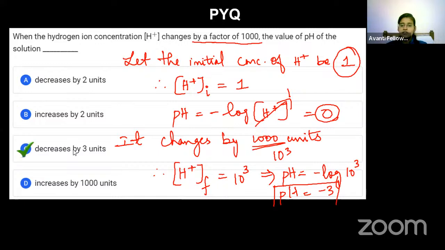It is changing from 0 to minus 3. So the value of pH of the solution decreases by 3 units. Do you have any doubts? Can you all understand this question? You can take any number as an assumption for the concentration of H plus, and you can do the same for the remaining.